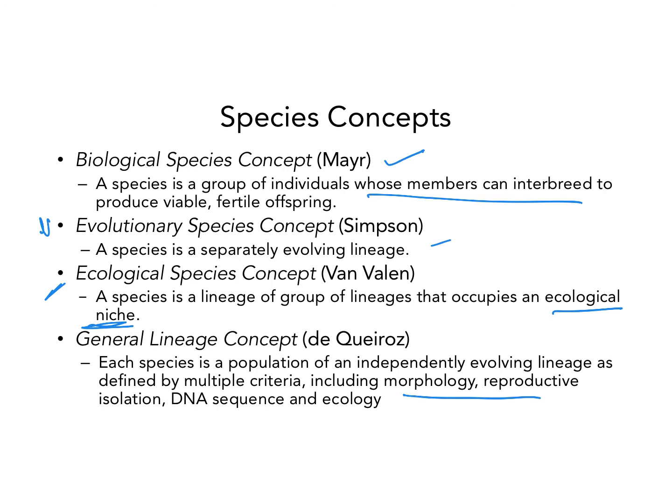You use morphology, you look at reproductive isolation, you look at the DNA sequences, and you also incorporate the ecology of these different organisms. So this was a more broad concept that you could apply to many different types of organisms.